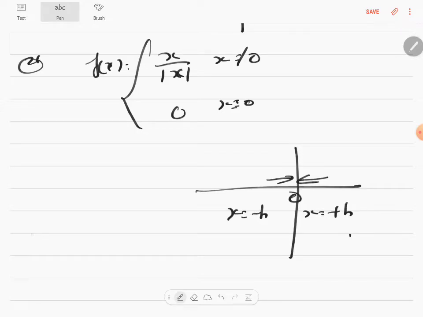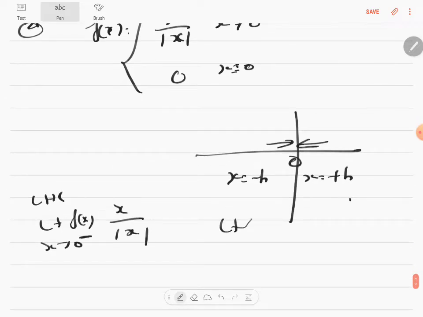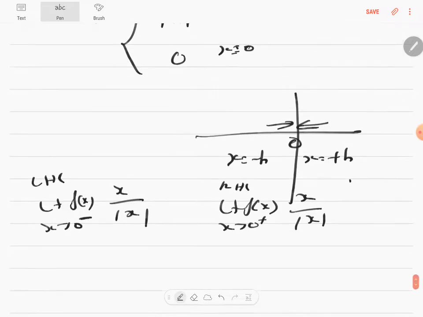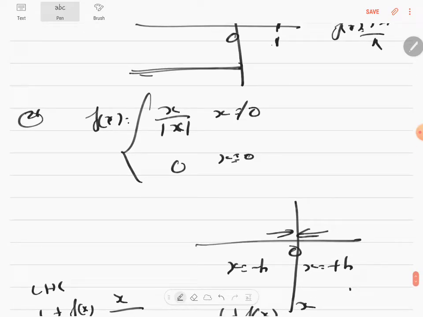To do the left hand limit, it's limit of f of x as x tends to 0 from the left, and the formula will be x by mod x only. The right hand limit is limit of f of x as x tends to 0 from the right, also x by mod x only, because x is not equal to 0 means left and right have the same formula.